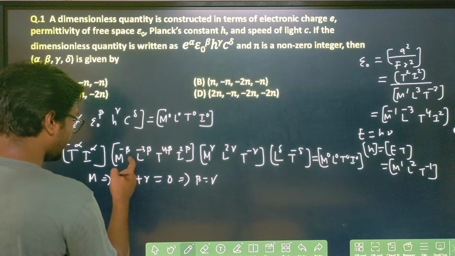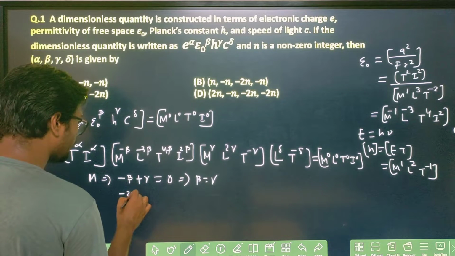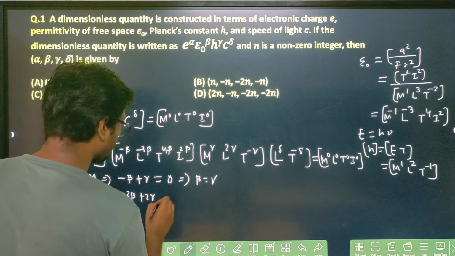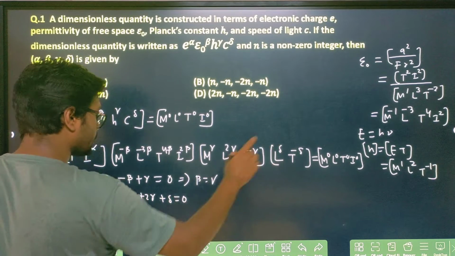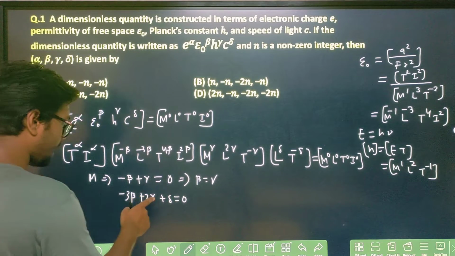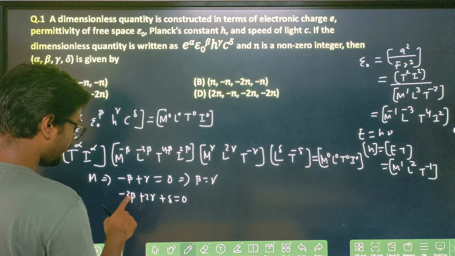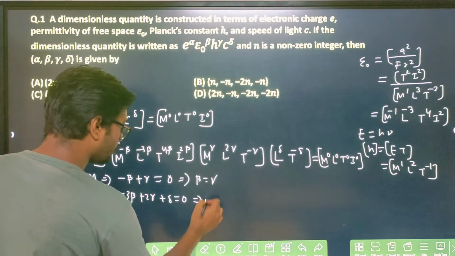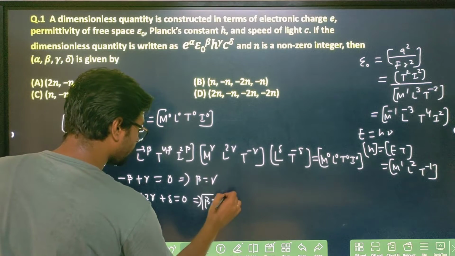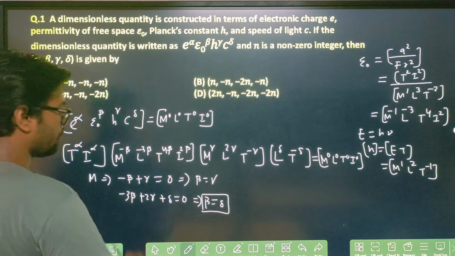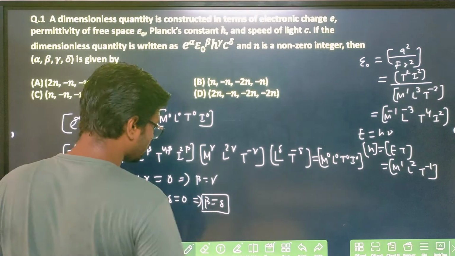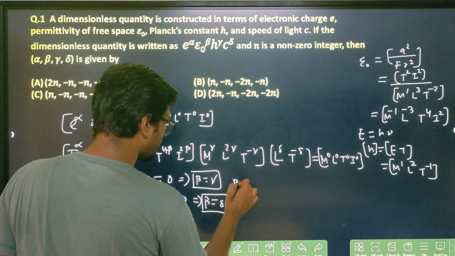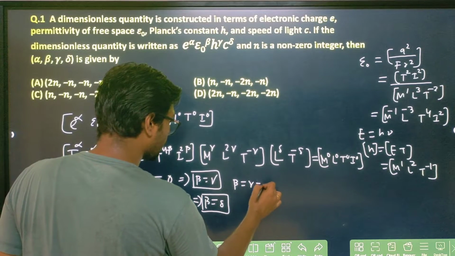Now for length, that will be minus 3 beta plus 2 gamma plus delta equal to 0 on the RHS. Since beta equal to gamma, here it will be minus beta plus delta, so we get beta equal to delta. So from these two, you will get beta equal to gamma equal to delta.